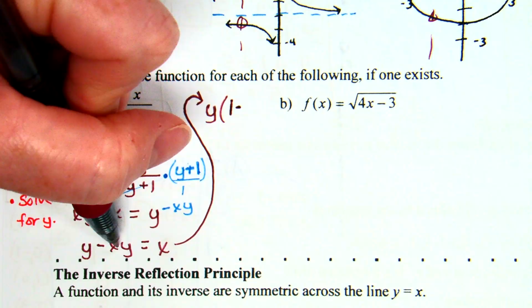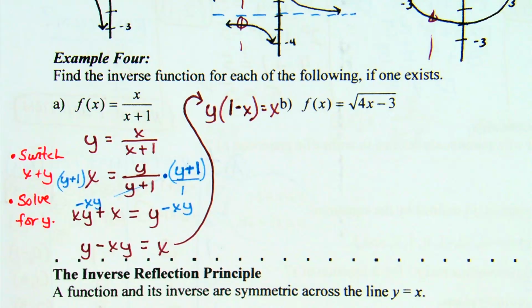So how do I get the y by itself now? Now I can divide. Because I have it as two factors, a y times something else, we can divide. And because it's in parentheses, I can divide by the whole thing. Divide by 1 minus x. 1 minus x cancels.